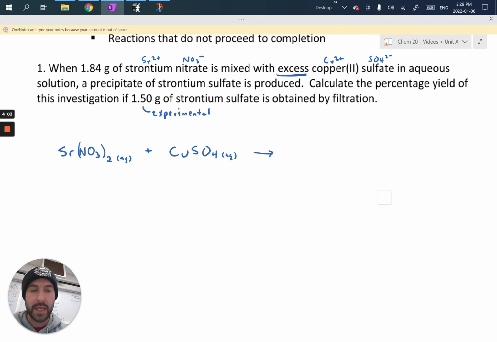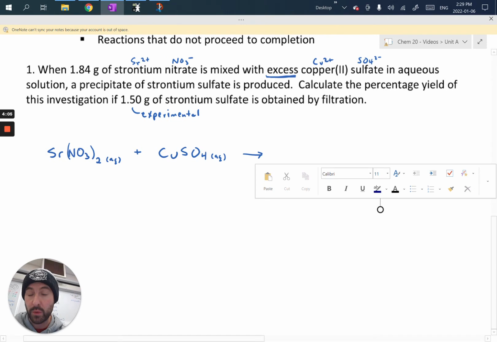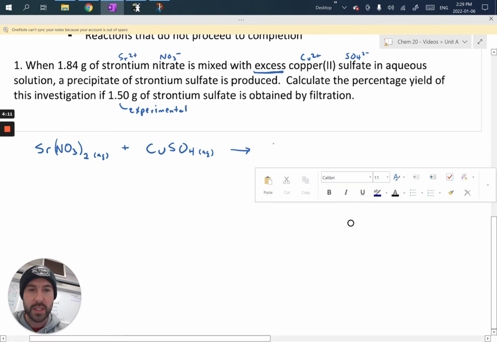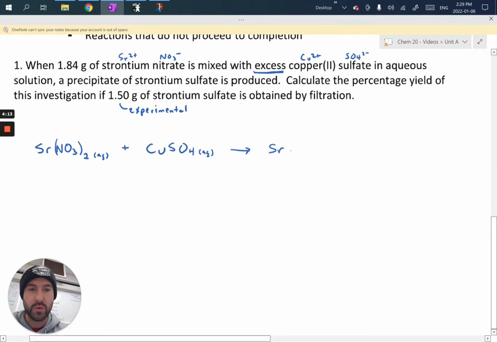And so my products here, this is going to be a double replacement reaction. My products are going to end up being strontium sulfate. Both are 2 ions, so SrSO4. Now that is going to be our precipitate. We could check our solubility table and we'll see that's low solubility. It's our solid.